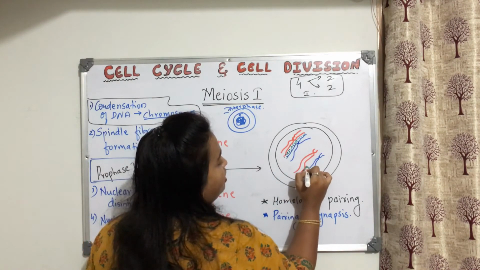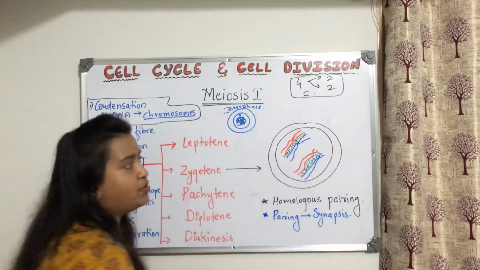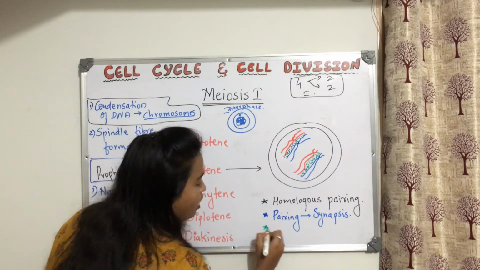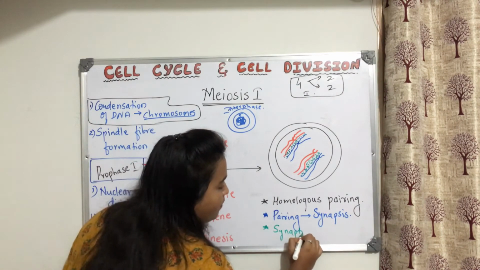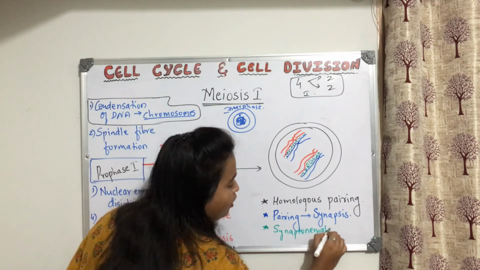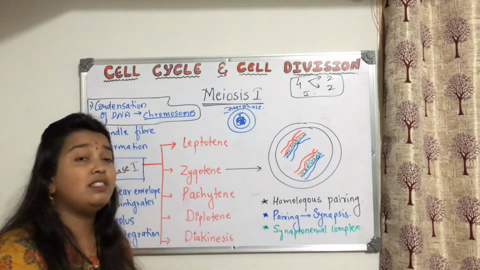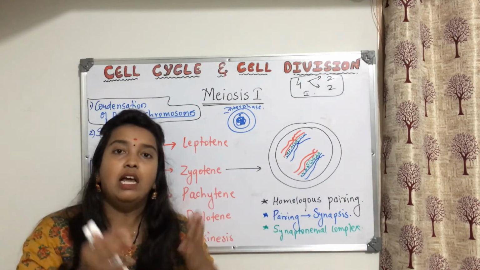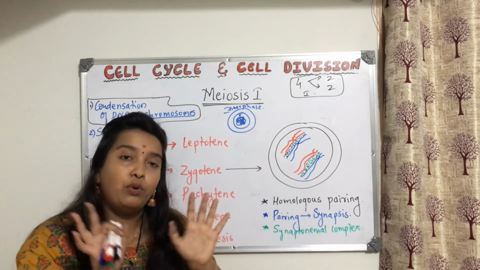This will not be in this form actually. It is just like a liquid form, present in liquid form. The green colored substance I have drawn is called the synaptonemal complex. What is the synaptonemal complex? This is a chemical substance which holds both the paternal and maternal homologous pair together.